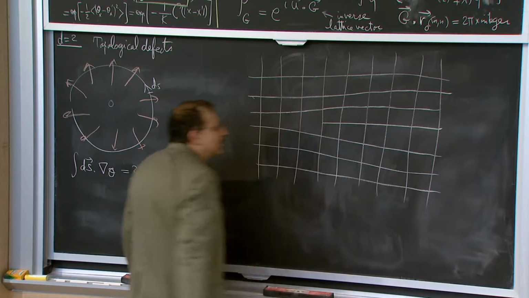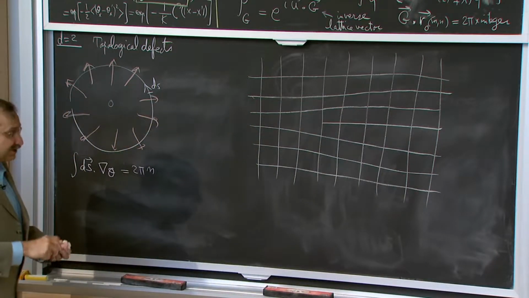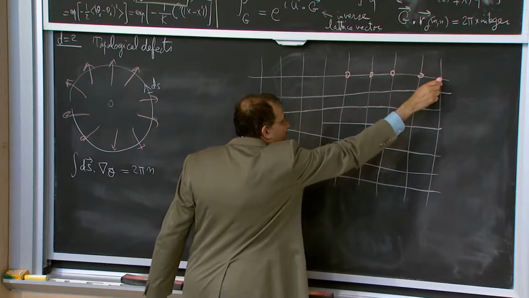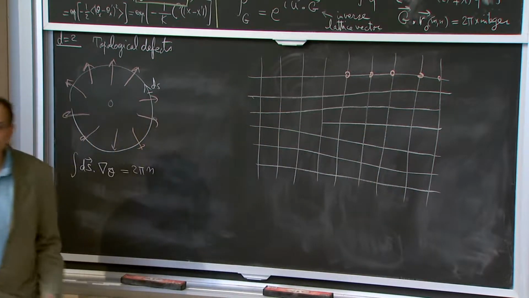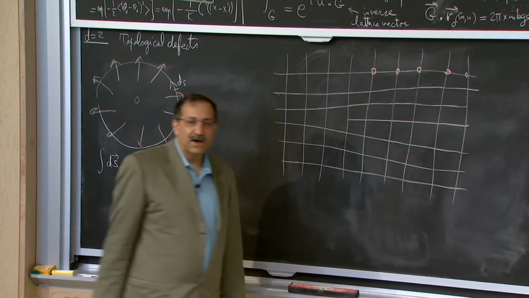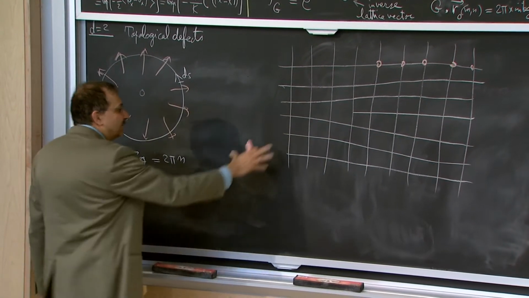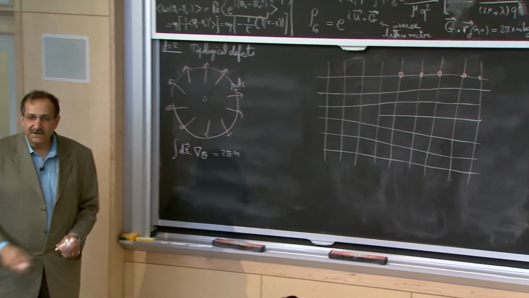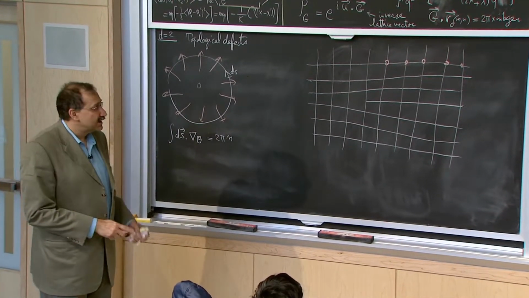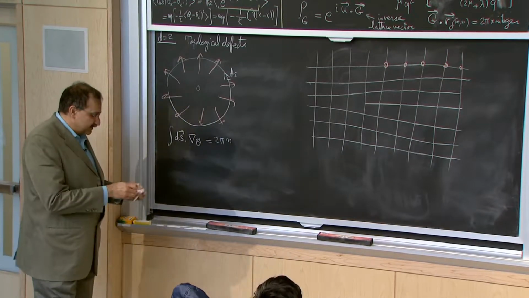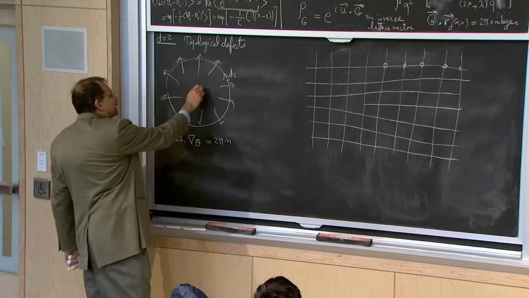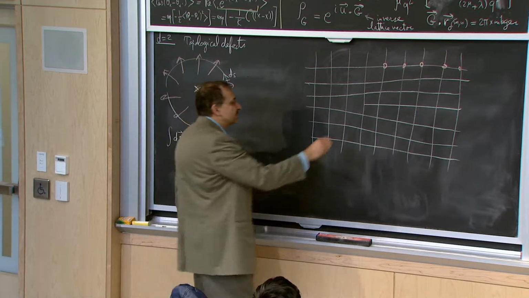Okay. So at each one of these positions, there is a particle sitting. You look out here, you have a perfect square lattice. You look out here, you have a perfect square lattice. But clearly, it is not a perfect square lattice.